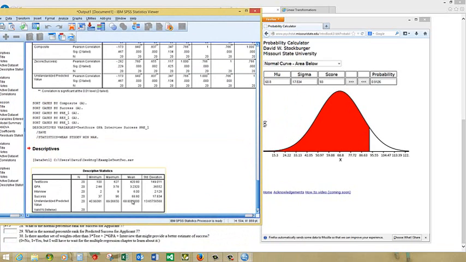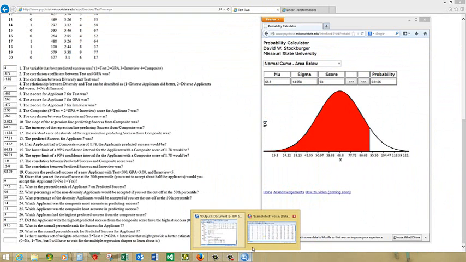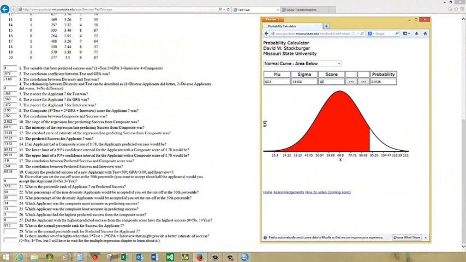So 68.8 was our mean, 13.658 was our standard deviation, our estimate of sigma, and the score for predicted success for applicant number 7, what do you say it was here? 77.21. And we get 73.1.